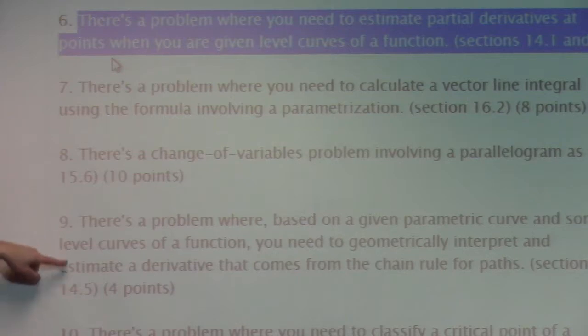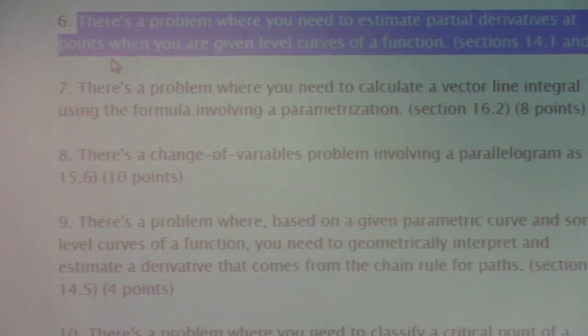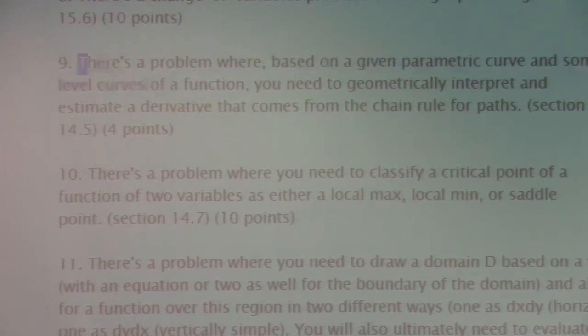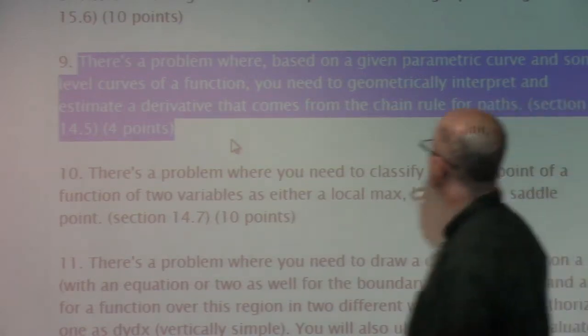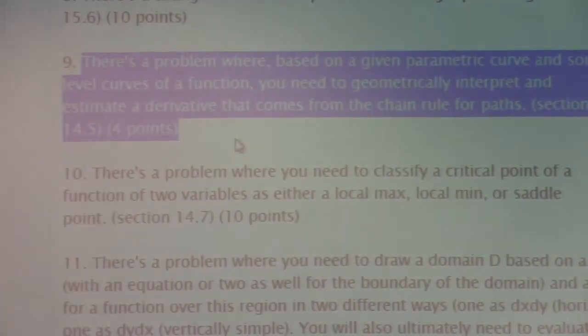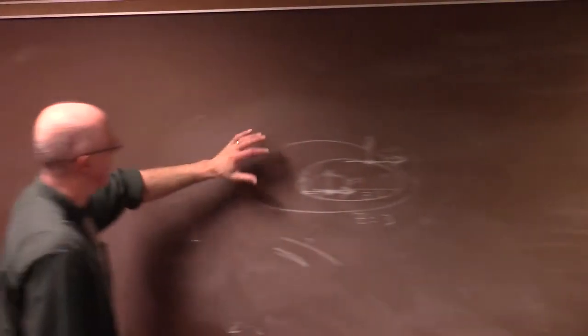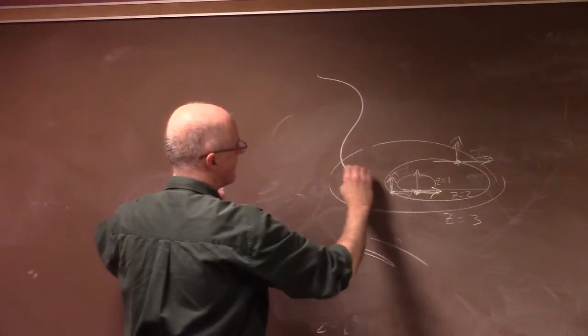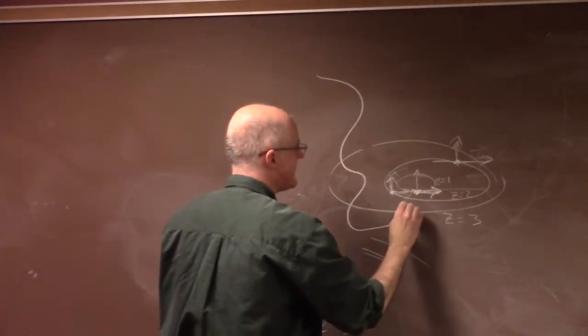This one here is conceptual, number 9. Oh, we're almost out of time. Based on a parametric curve and some level curves, geometrically interpret and estimate the derivative that comes from the chain rule for paths. Like, pretend this is the level curves for your function. Pretend you've got a bug moving through a plane. These level curves represent the temperatures, perhaps.